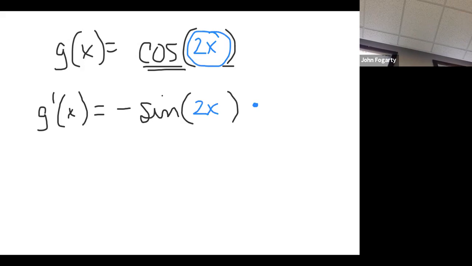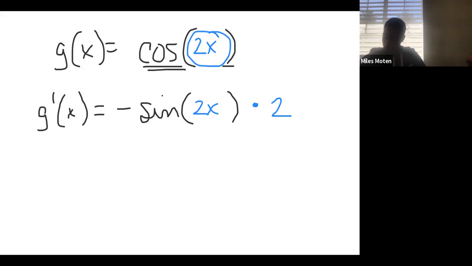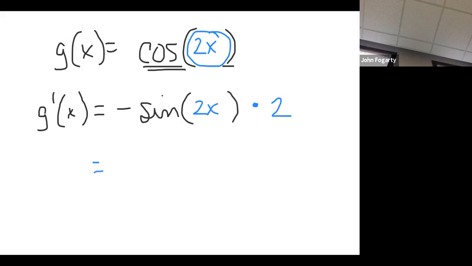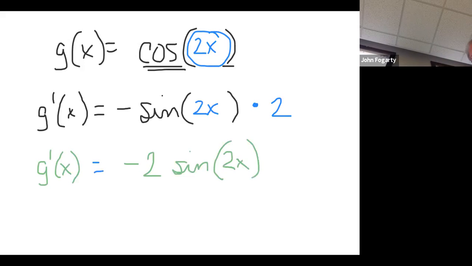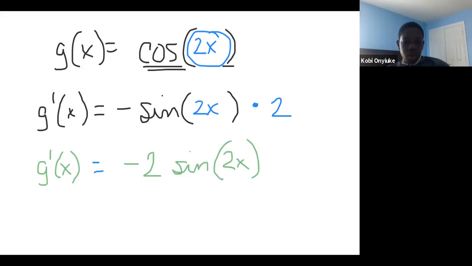What's the derivative of 2x? 2. So our answer, the derivative of g of x, is simply going to be negative 2 times the sine of 2x. Does that make sense, fellas? Anybody have questions on that?